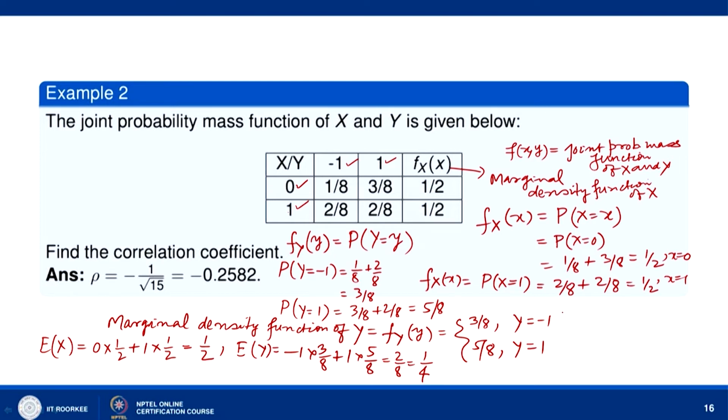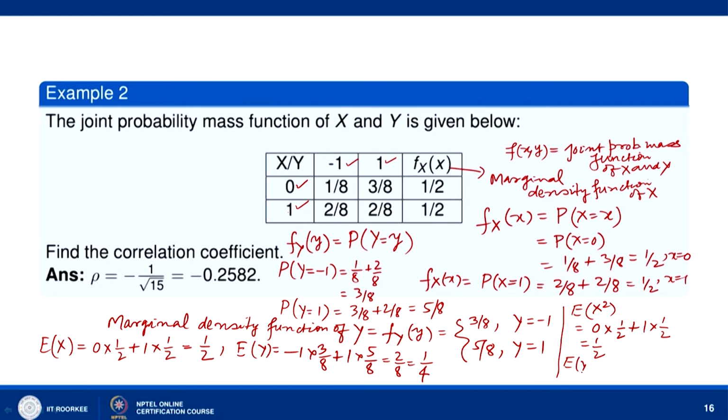Now, let us find expectation of x square. X is taking values 0 and 1. So 0 square, that is 0, multiplied by 1 by 2, plus 1 square, that is 1, multiplied by the corresponding probability, that is half. So the expected value of x square is half.